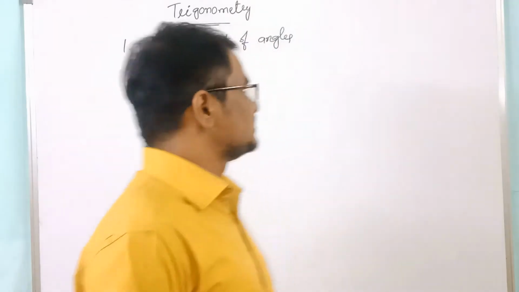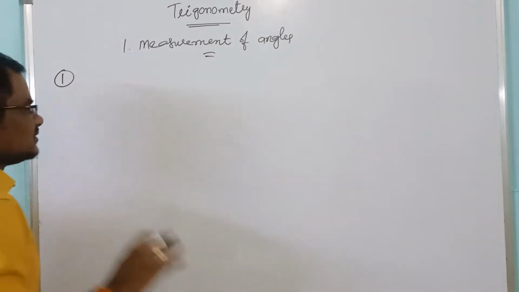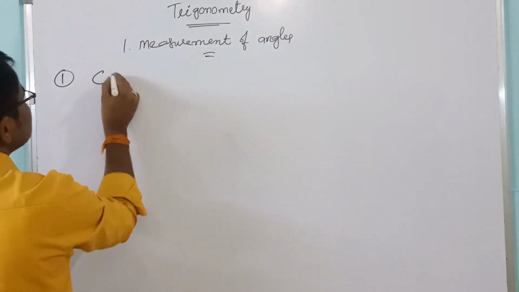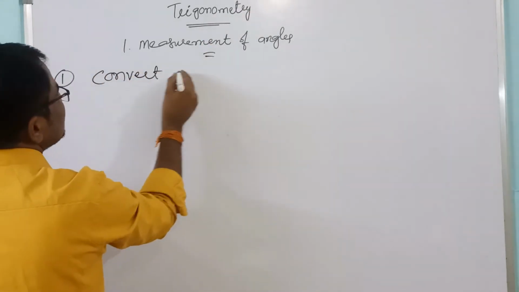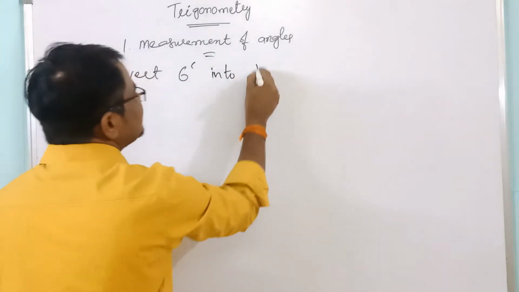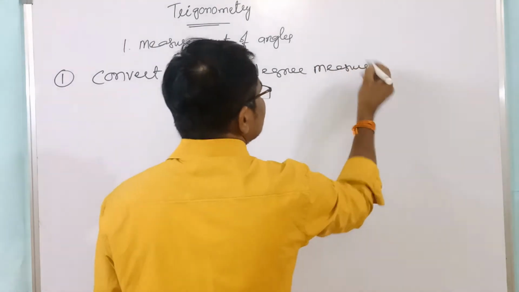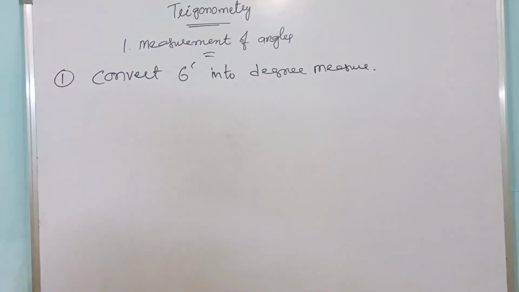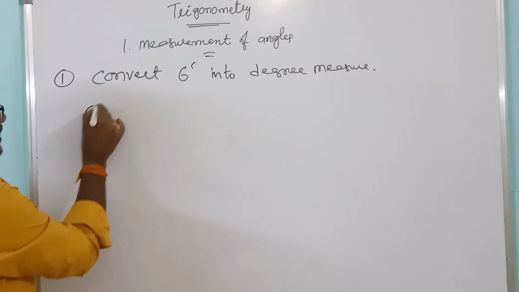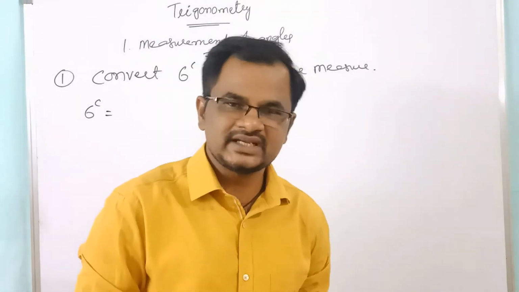Now for the first problem, convert 6 radians into degree measure. Take the given 6 radians. How to convert into degrees?